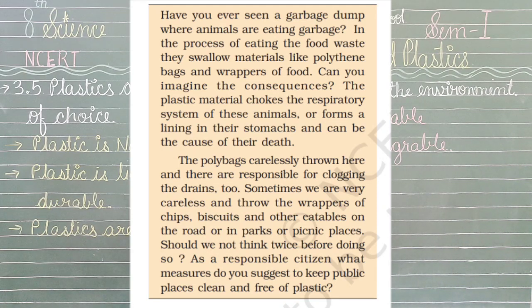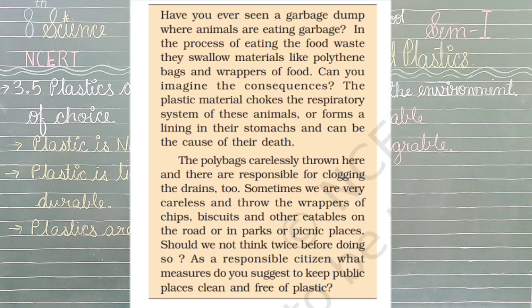They don't have hands to open the plastic bags, so they just gulp down whatever we have thrown, plastic and all. It gets stuck in their stomach and chokes their respiratory systems, and thus the animals die because of this.